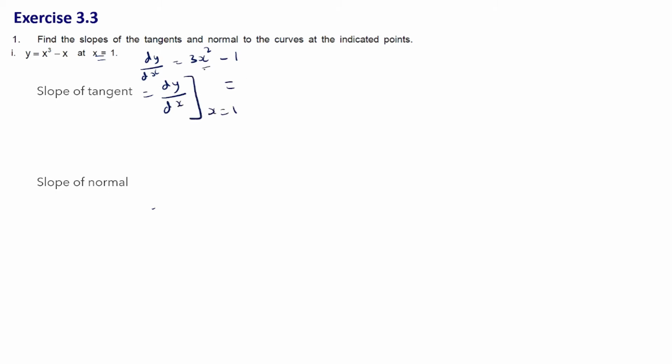So we substitute x as 1: 3 minus 1 equal to 2. Then the slope of the normal is minus 1 by dy by dx at x is equal to 1, which is minus 1 by 2.